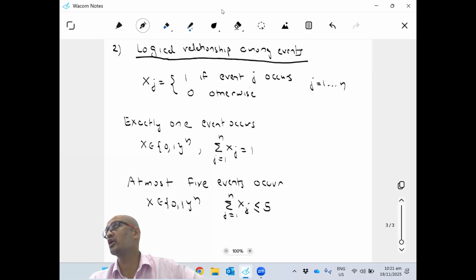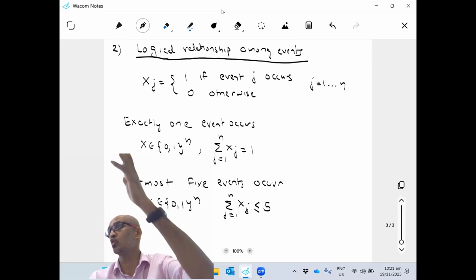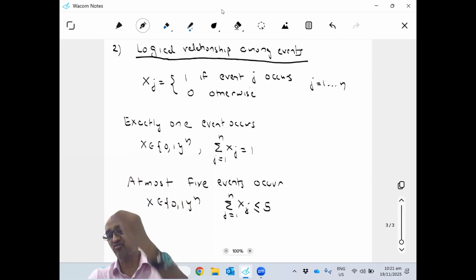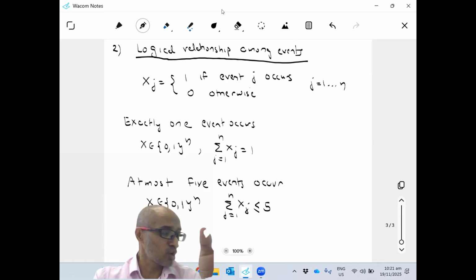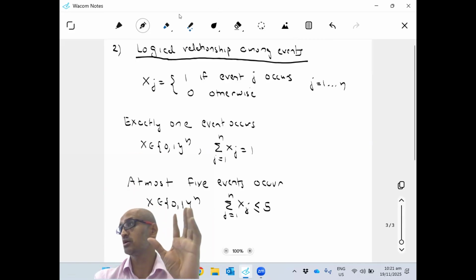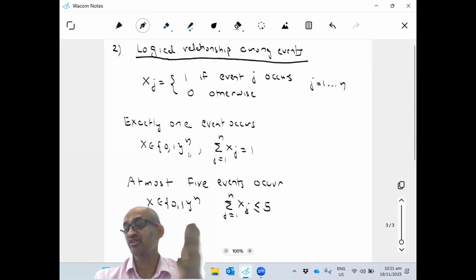The sum of the x's cannot exceed 5. So I can have maybe 0 events occurring, 1 event occurring, 2, 3, 4, 5. As the x's change, they can never add up to more than 5. All possible combinations of 5 events or fewer occurring will be captured by this set. So a lot of logical things among events can be captured.